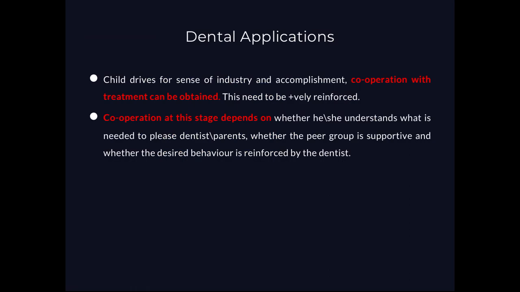So what are the dental implications? That the child strives for a sense of industry and accomplishment. Cooperation with treatment can be obtained. Cooperation at this stage depends on whether he or she understands what is needed to please the dentist or parents, whether the peer group is supportive, and whether the desired behavior is reinforced by the dentist.